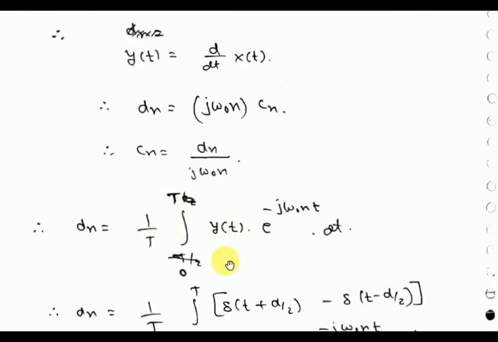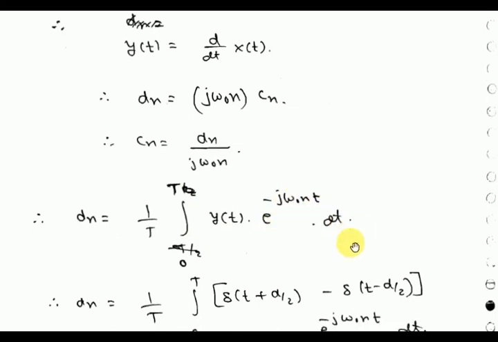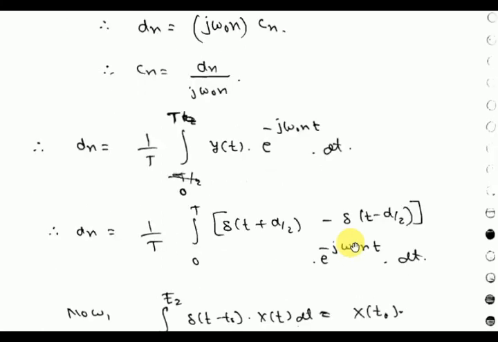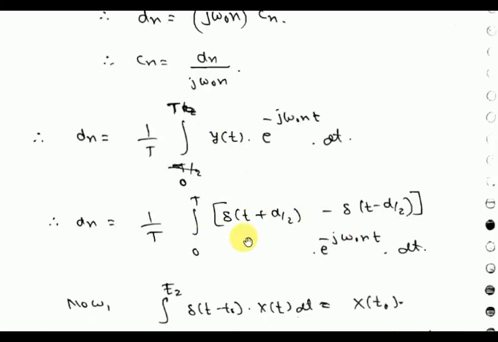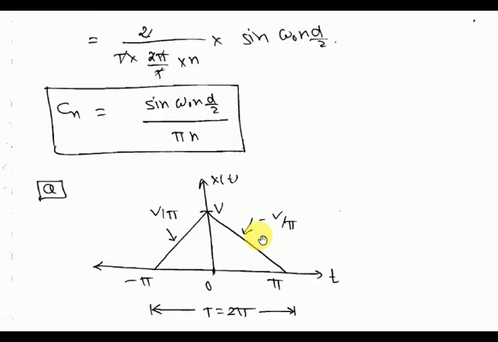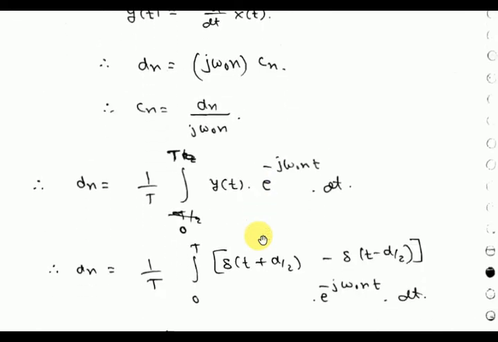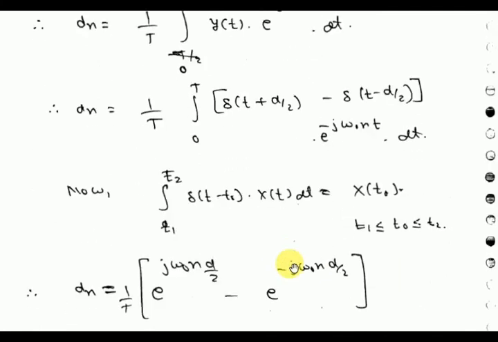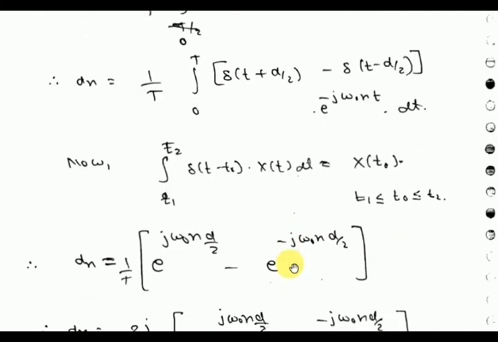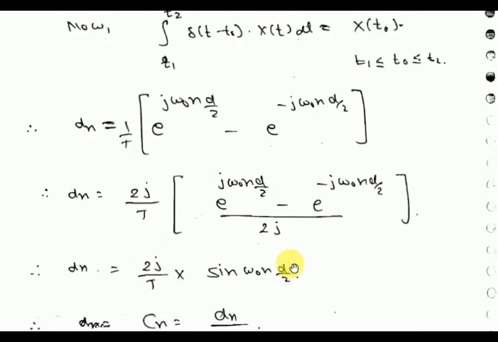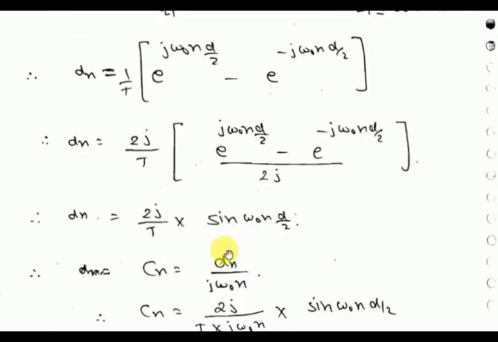I will find Dn as 1 by T integration 0 to T y of t e to the power minus j omega naught n t dt. Put here y of t as delta of t plus alpha, actually you should take minus T by 2 and plus T by 2. You will get like this. Then if we solve it, you will get this sine term.